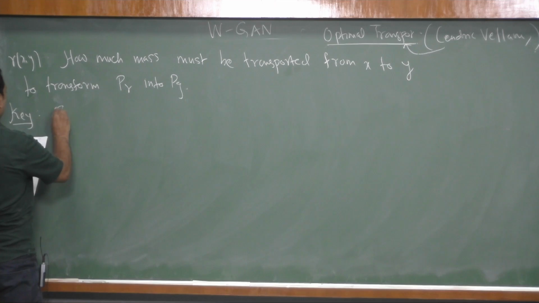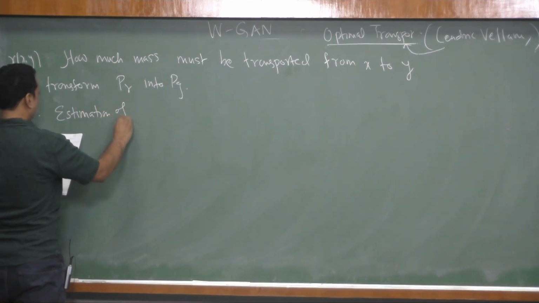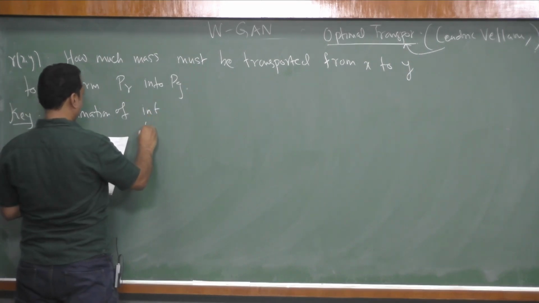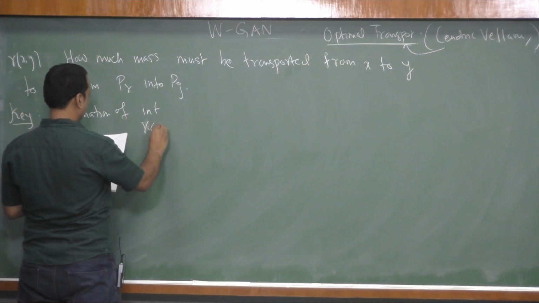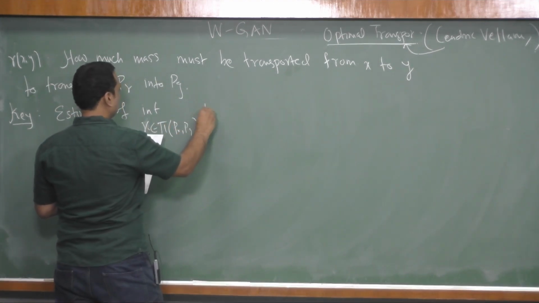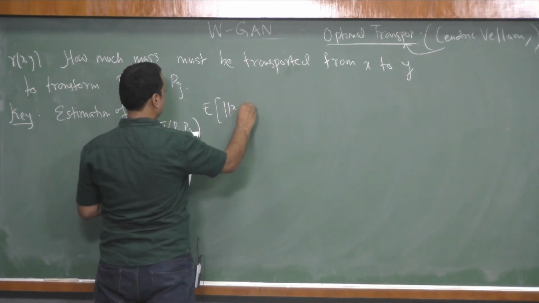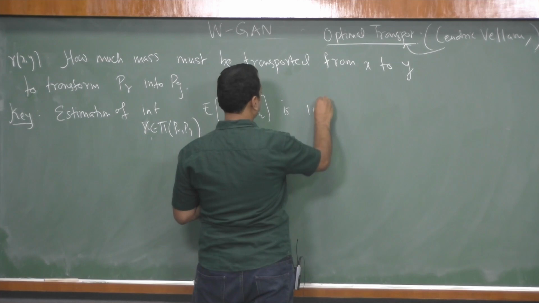So estimation of the infimum over pi, where gamma comes from the set of joint distributions of P_r and P_g, the expectation of ||x minus y|| is intractable.